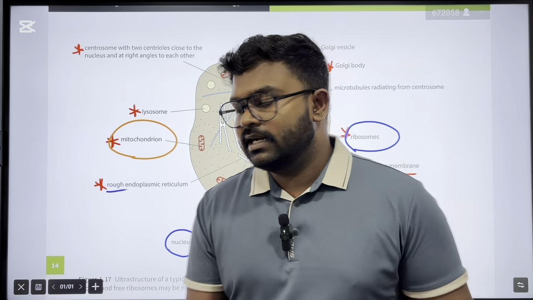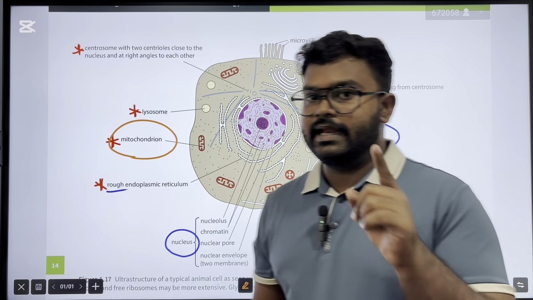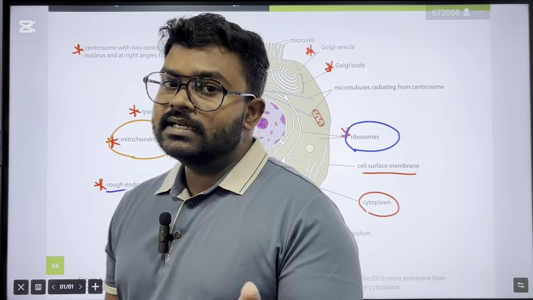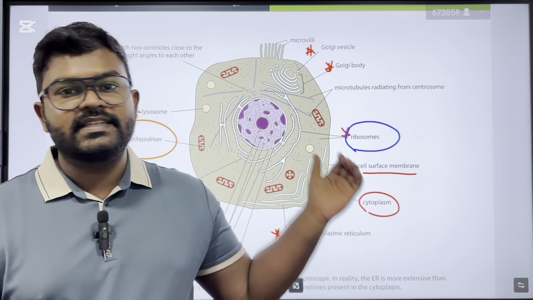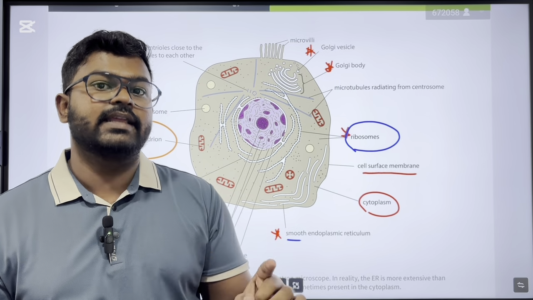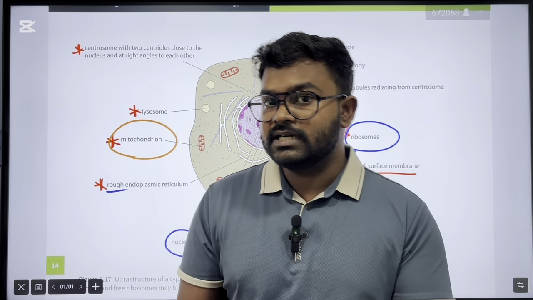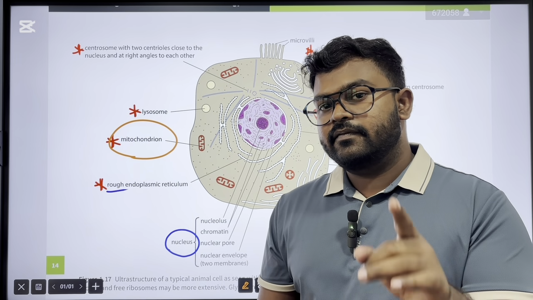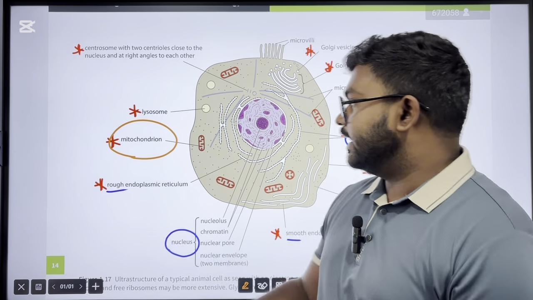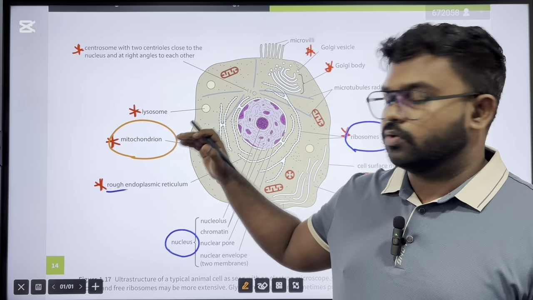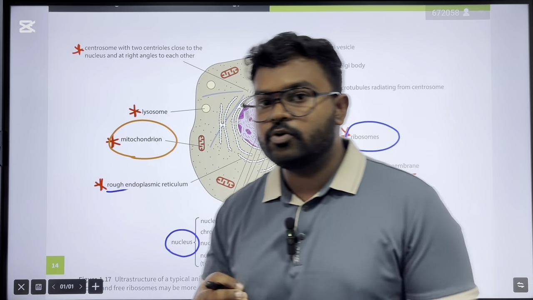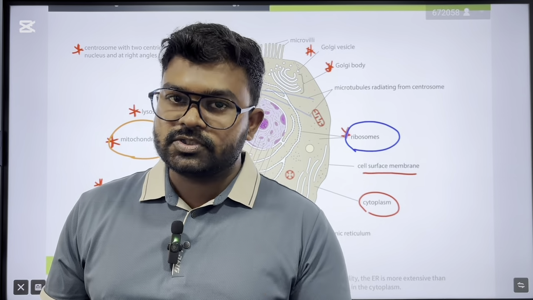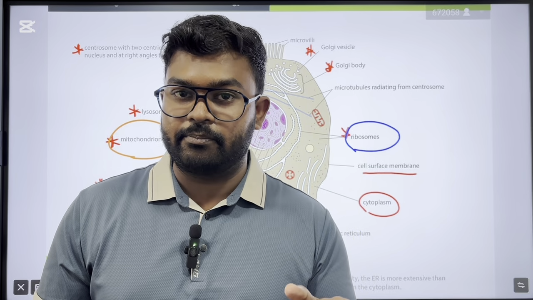As I mentioned, the nucleus contains DNA. Other than that, there is another organelle within a cell which contains DNA. That is very important to remember. That is the mitochondrion. So always remember, other than the nucleus, the mitochondrion also has DNA within it.